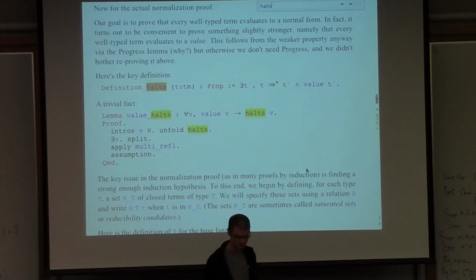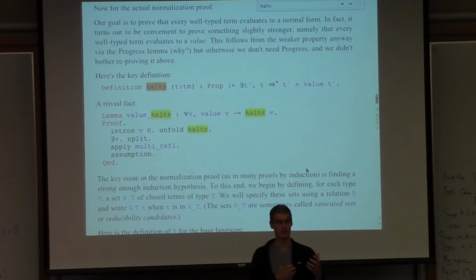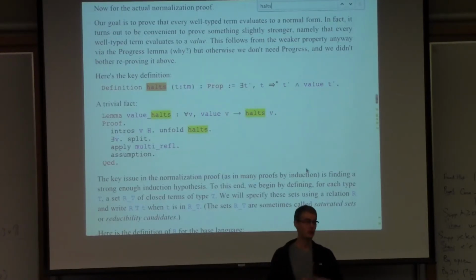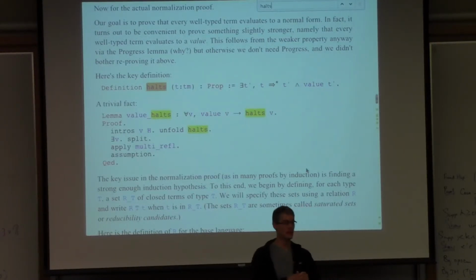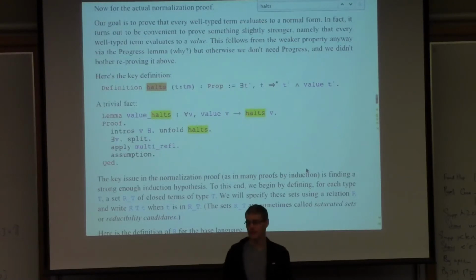So here's what I have to do. I told you before, the basic difference between Type and Prop is that Prop is intended to extract into nothing. So it follows from what I didn't say that pretty much everything you can do in Prop, you can also do in Type. So the fact that this halts thing is a Prop is kind of inessential.